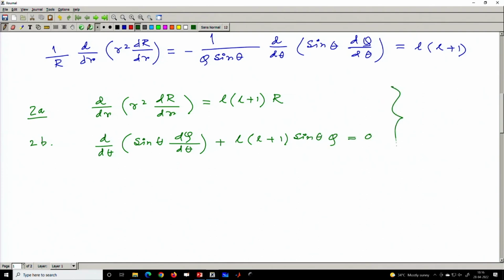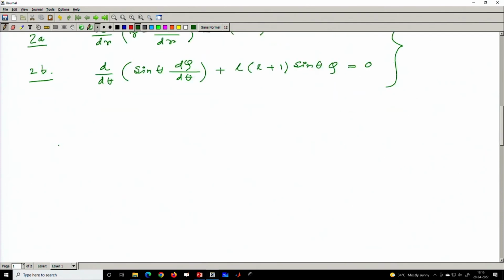These two equations we have. One equation is only a function of r and another is only a function of theta. That is the technique we use for separation of variable problems.